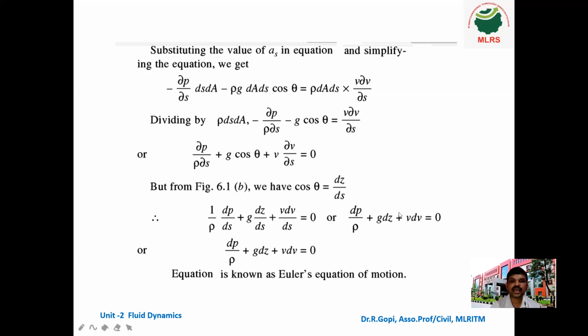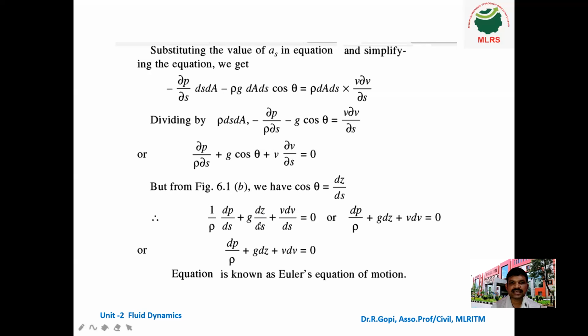I am rewriting the equation once again because here ds is the common term. You can see in all these three terms ds is the common term. When this ds goes to the other side, it means 0 into ds, which gives 0. So now, what are the balance ones? Dou P divided by rho plus G into dz plus V into dV.